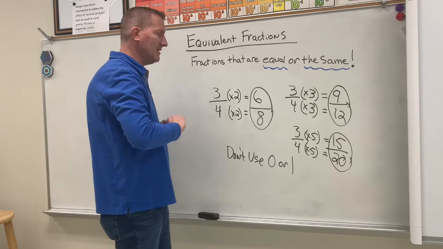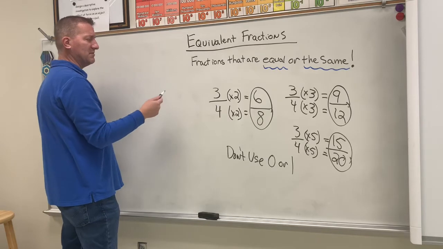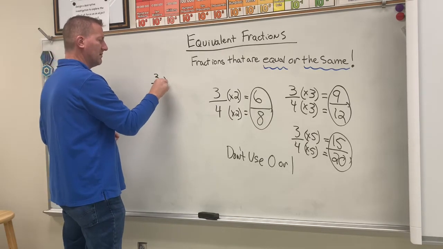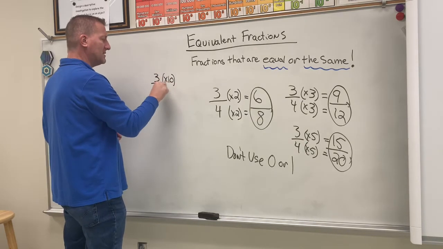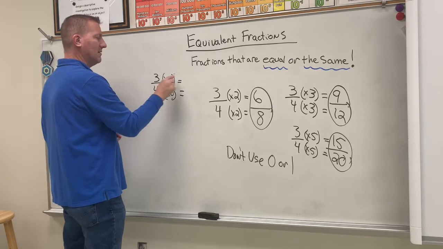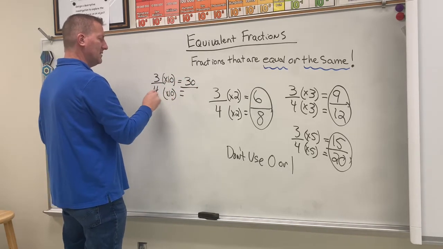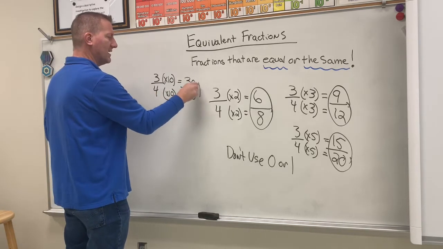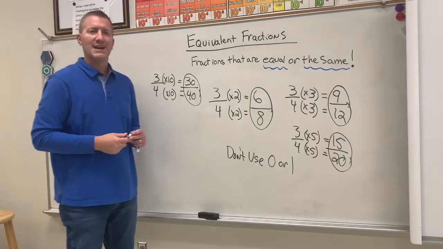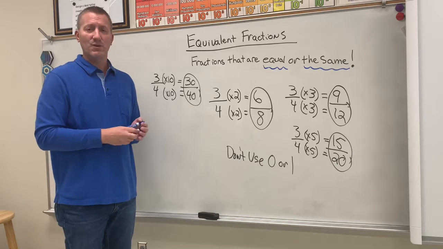You can even, because I know someone will want to do this, you could go, well, Mr. Poole, what if I times it by 10? Well, you can times it by 10. Times both sides by 10, and you still get an equivalent fraction, 30 over 40. That's an equivalent fraction.